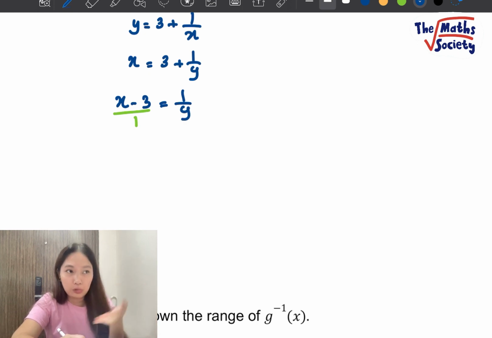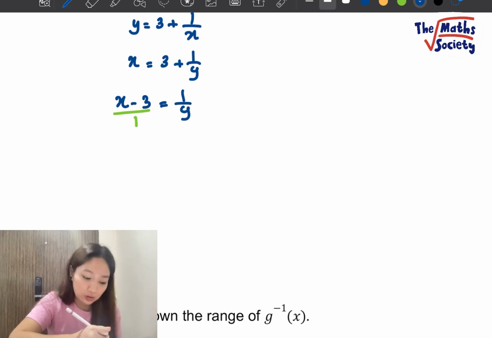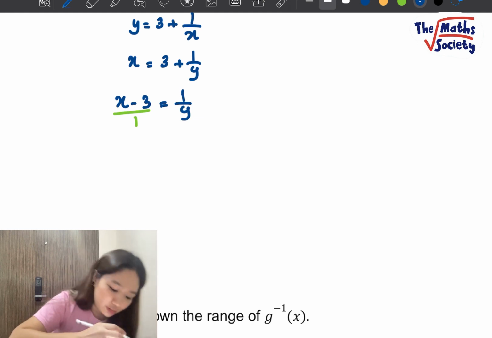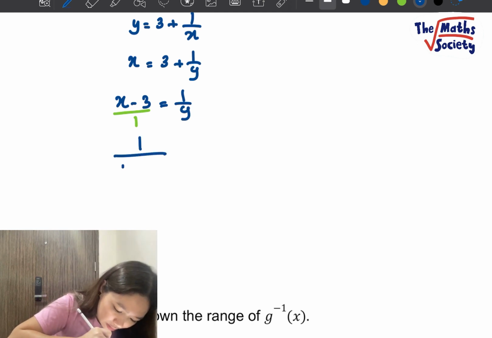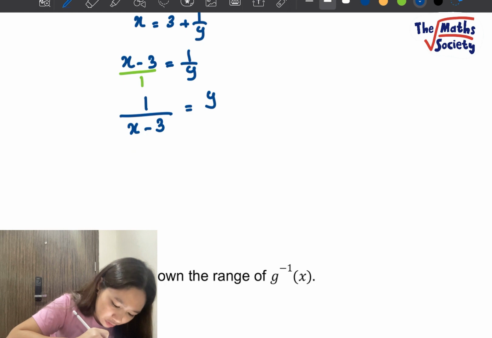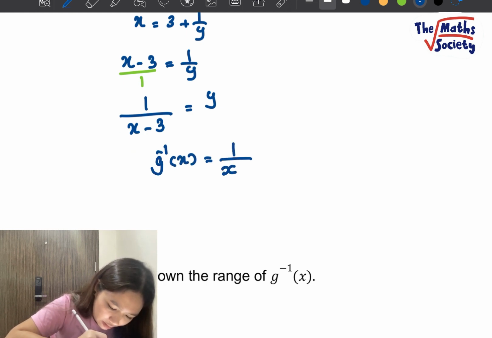So for every whole number, like 3 can be written as 3/1. I'm just doing that because I want to flip my fraction. I don't want to multiply crossly. I'm just going to flip it. So this will become 1 by x minus 3, and y. If I got y, I got G inverse: 1 by x minus 3.